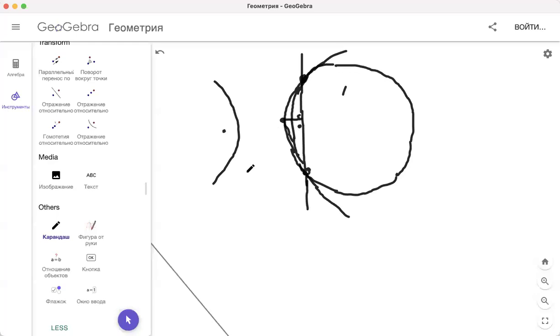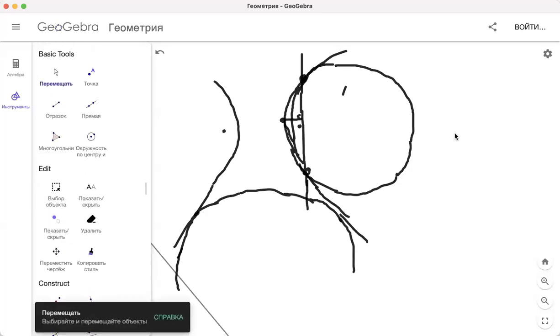And a similar thing is true for a circle from another family with center lying on the second axis of symmetry. Okay.